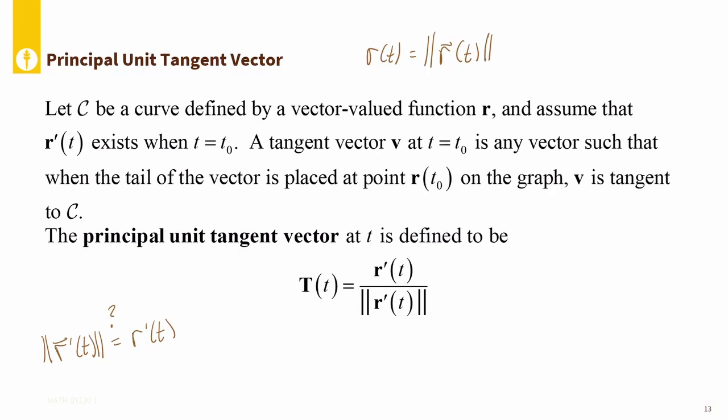That one on the right, though, that's the derivative of the magnitude. You find the magnitude of R first and then take its derivative, versus taking the derivative first and then finding the magnitude.